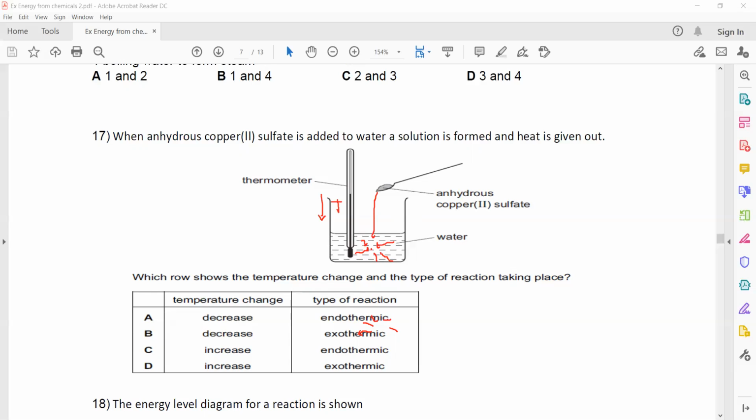Is it clear? So for an endothermic reaction, the water temperature decreases. For exothermic, the water temperature will increase.